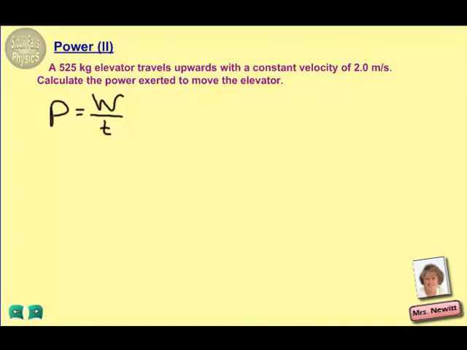If you remember, we did talk about the fact that work can be broken down into force times distance. If we put those two together, we find that power is really equivalent to force times the rate of distance over time, which is velocity. Now this equation, by the way, force times velocity, is on your equation sheet.